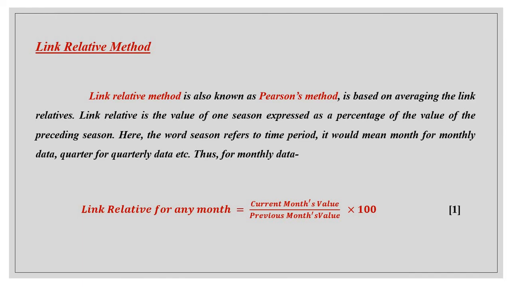Here, the word season refers to time period. It would mean month for monthly data, quarter for quarterly data, etc. Thus, for monthly data, the linked relative for any month is equal to the current month's value divided by the previous month's value, into 100.